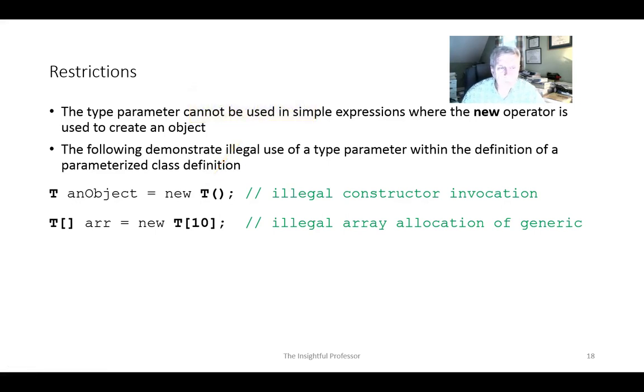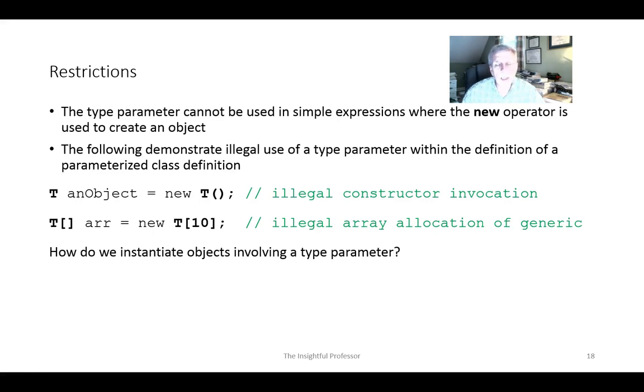So that's not permitted. In the second example, declaring arr as an array of whatever the type parameter is, that's acceptable. However, when you invoke the new operator and use the type parameter as the data type for your array, that's kind of like invoking a constructor. So therefore, that's also not allowed. So both of these present problems in terms of the use of the type parameter.